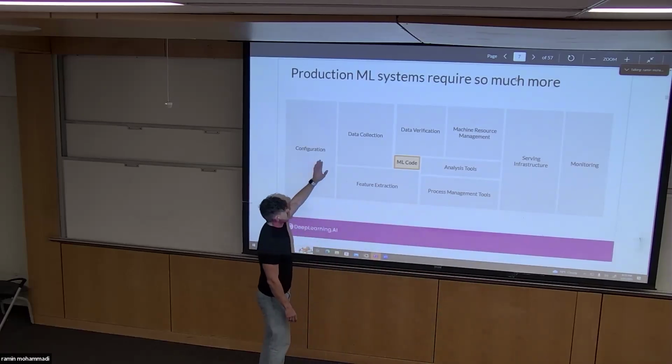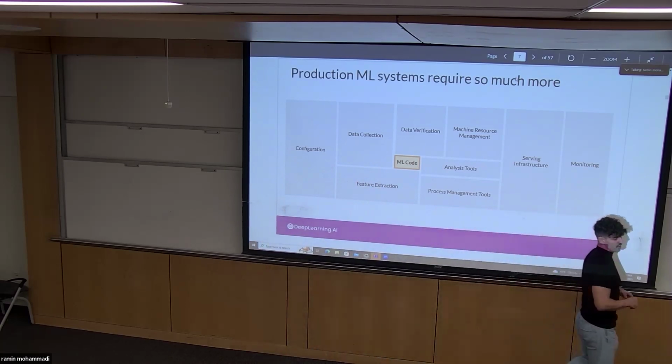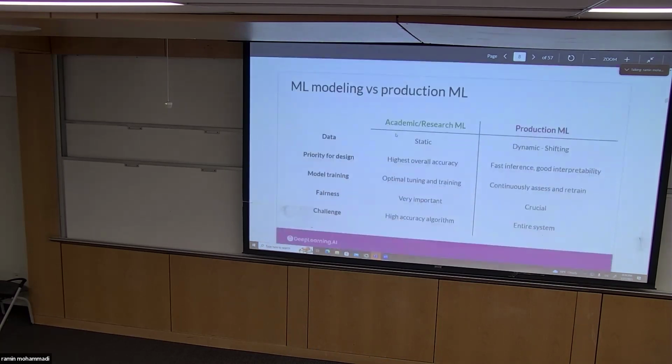As you can see, configuration, data, feature, data verification all become a major part of the production that you have. Now, let's do again a comparison between academic and industry. When it comes to data, industry has dynamic, shifting data, while academic has static data.